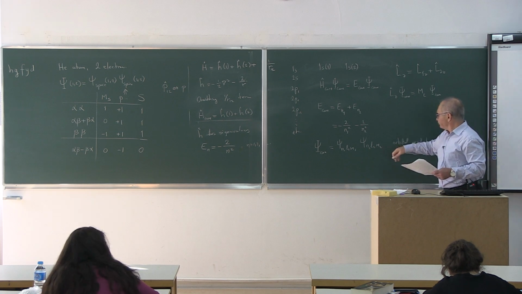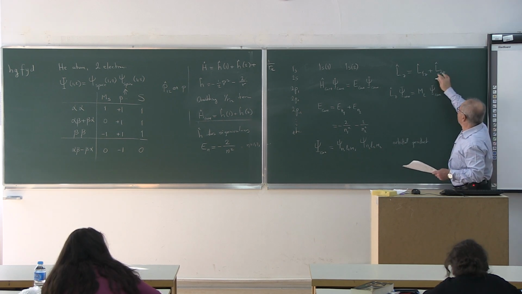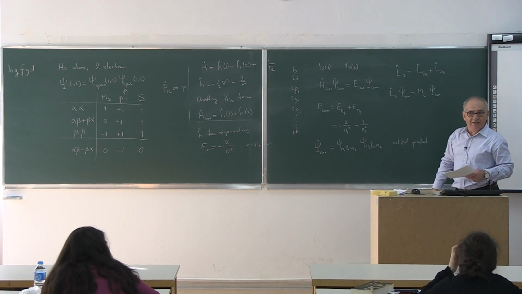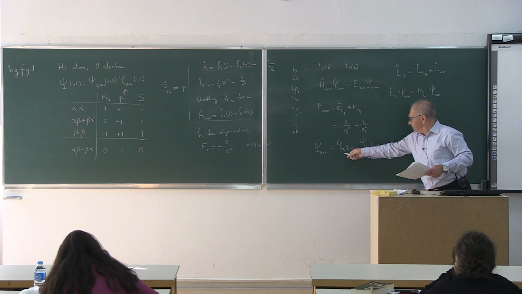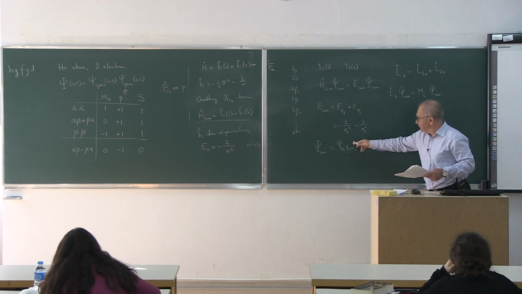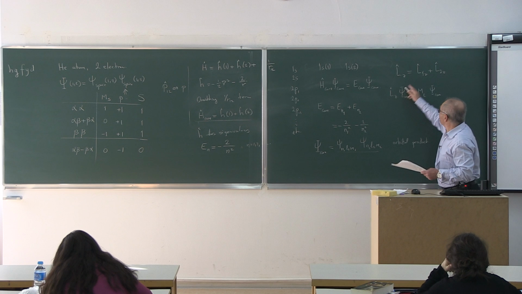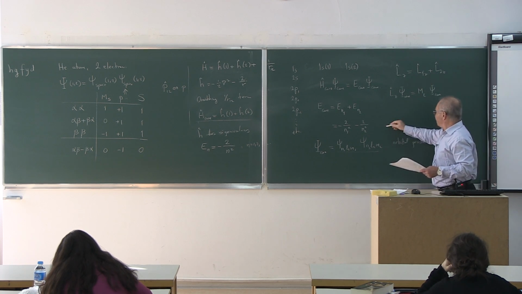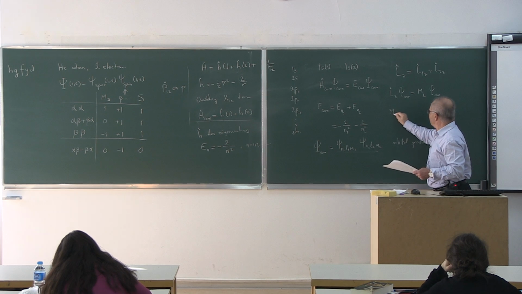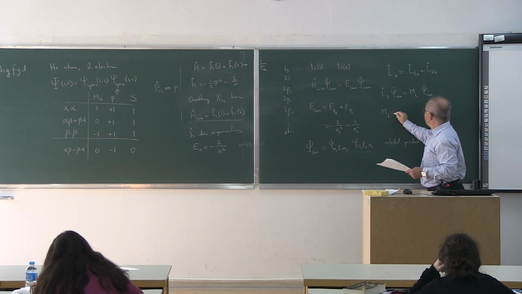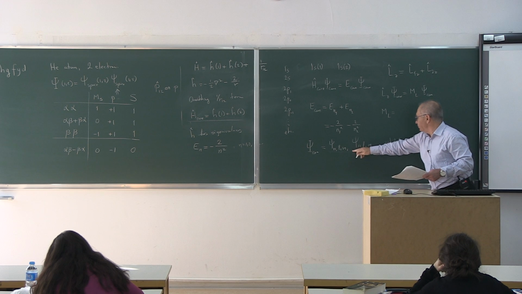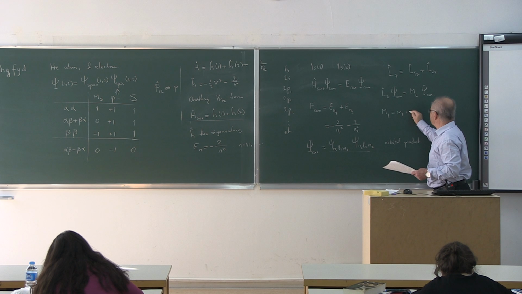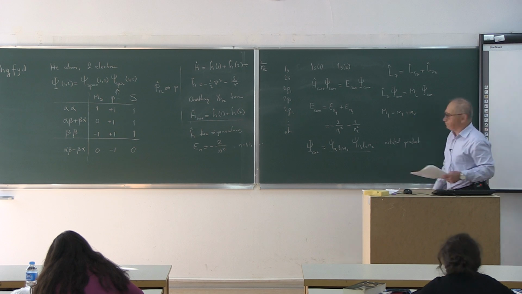And if you apply the definition of the Lz operator in terms of L1z and L2z and use this expression, because each factor separately is an eigenfunction of either L1z or L2z, then we will obtain for the total ML, it is the sum of m1 plus m2.